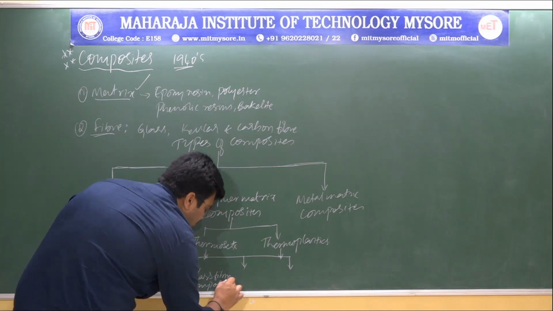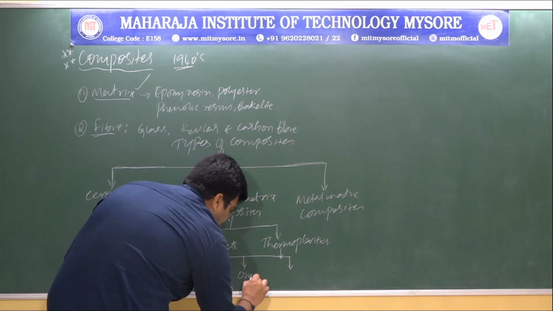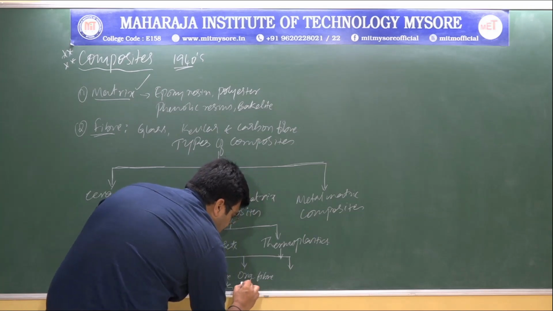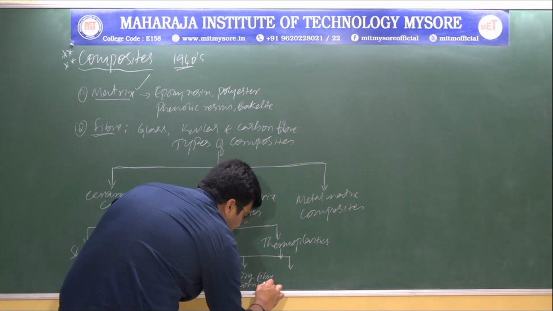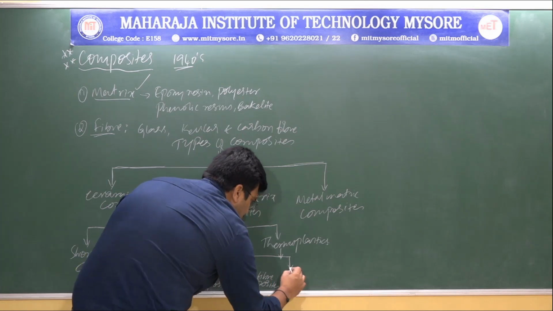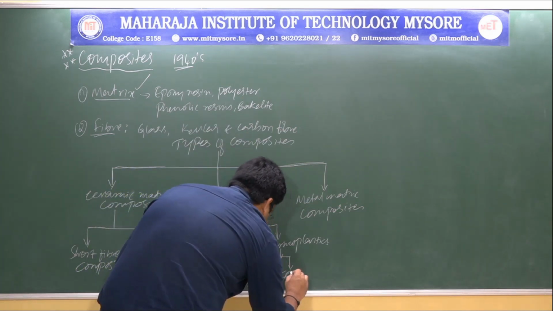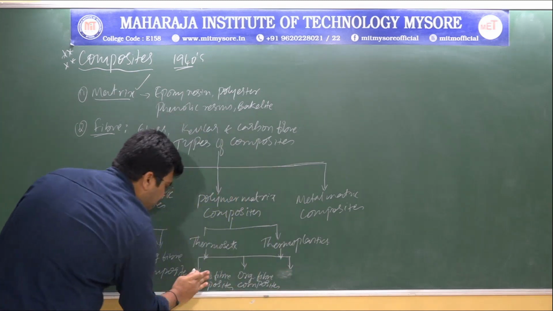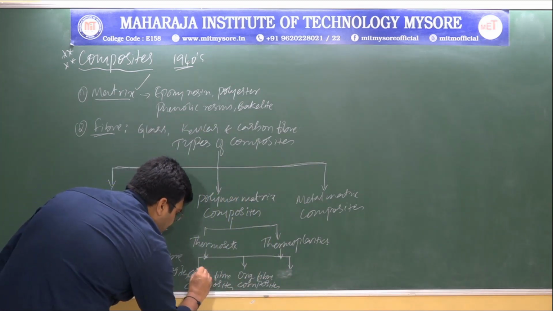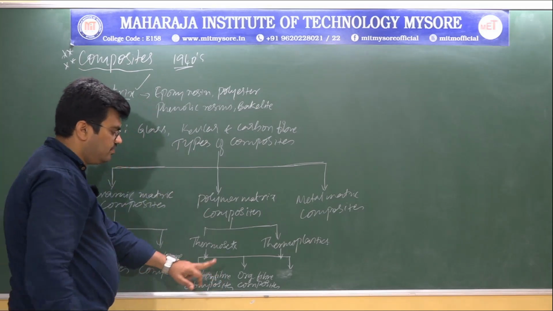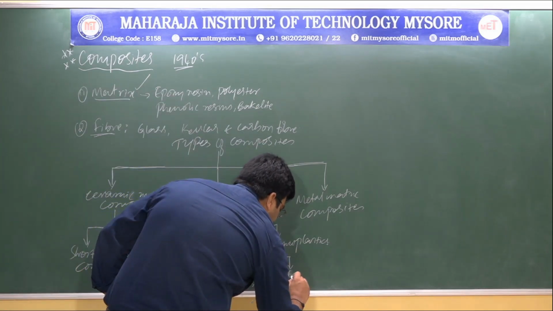Here it is organic fiber composites, and the third one is carbon fiber composites. We can write this carbon fiber to this side. So carbon fiber composites. This is glass fiber composites.